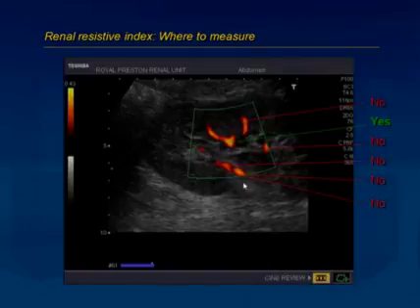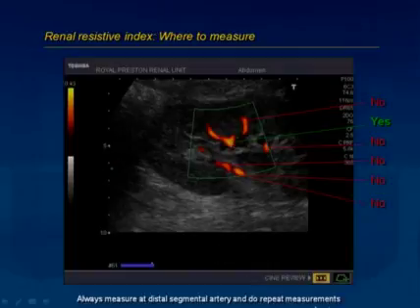That is because the renal resistive index changes along the course of the arterial vascular tree. Therefore, by convention, the renal resistive index is measured in the distal segmental artery. We don't want to measure in the main transplant renal artery. We don't want to measure within the parenchyma. No, we want to measure at the level of the distal segmental artery.